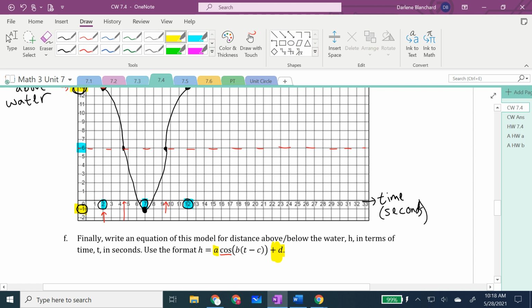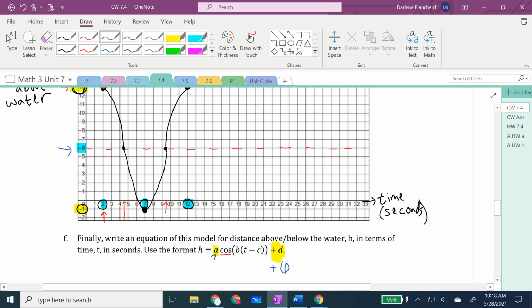That vertical shift is exactly the same number as the midline. And we had found that the midline was 6. So this is going to be plus 6, and D is taken care of.